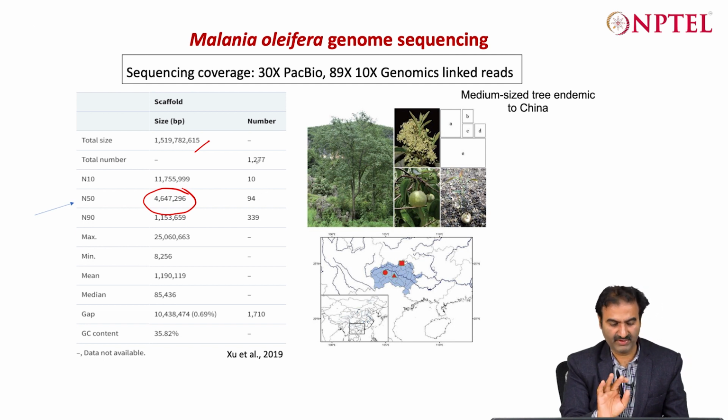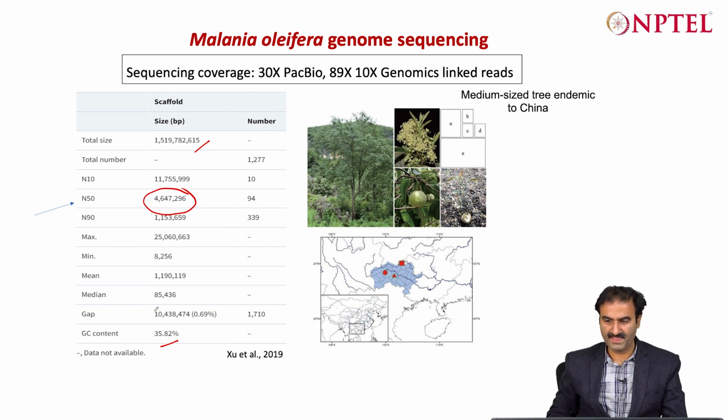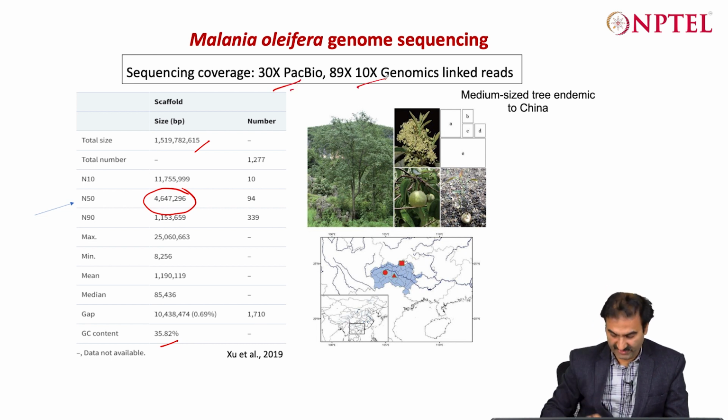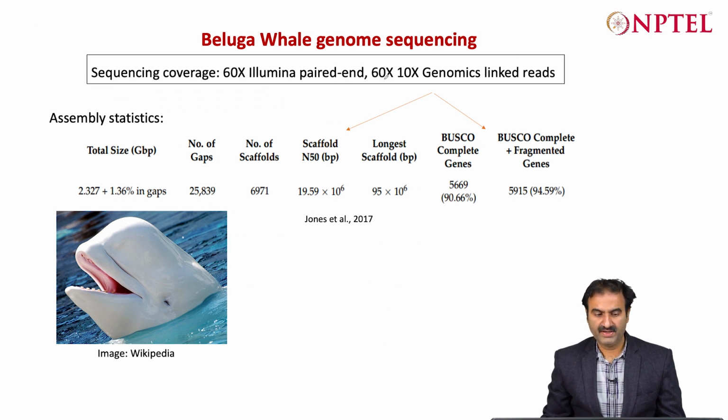So this also means a good assembly, and there are other statistics like GC content and L50 and N50 and N90 that they were also reporting. Here also the long reads and short reads were used, and Chromium link reads were used.